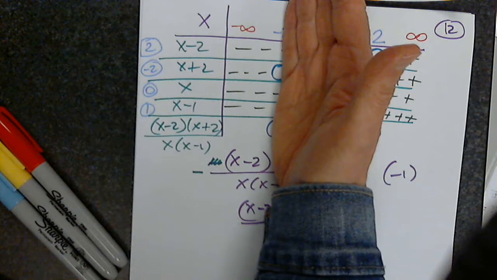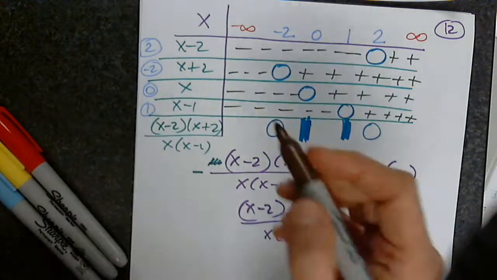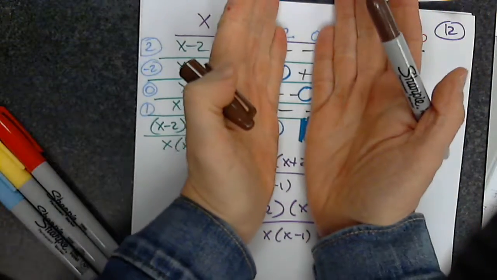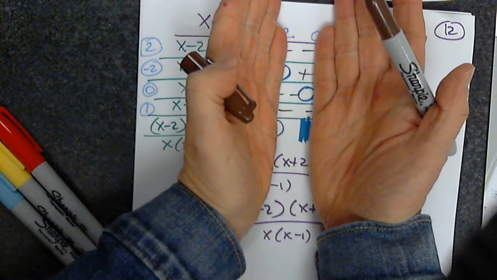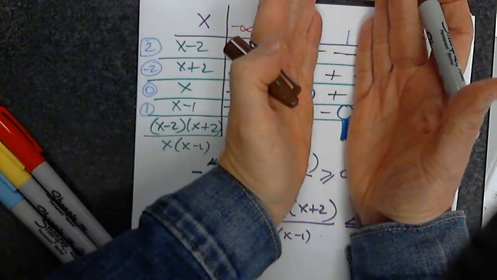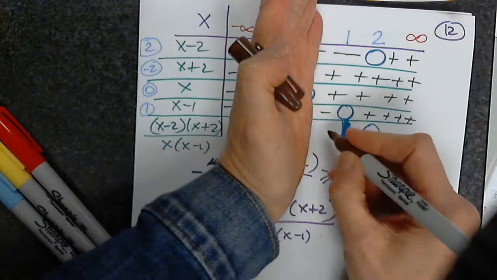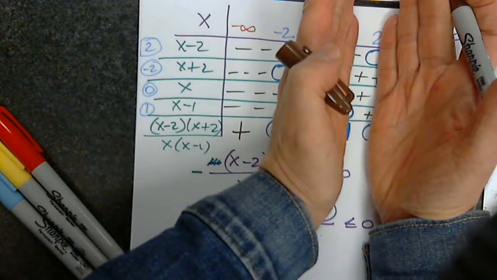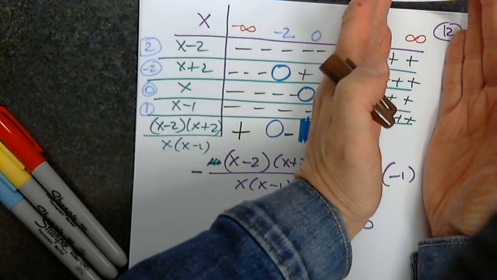I multiply negative by negative by negative by negative, so it's positive. In the next subinterval, I have 3 negatives. If I multiply or divide, it makes no difference. Negative. In the next subinterval, I have 2 negatives. Positive. In the next subinterval, I have 1 negative. Negative. And in the last one, I have no negatives. Positive.